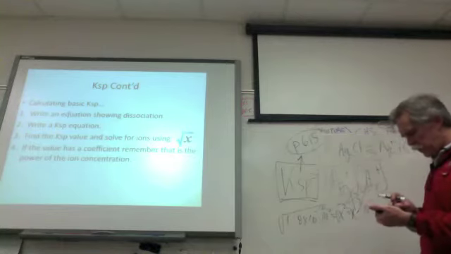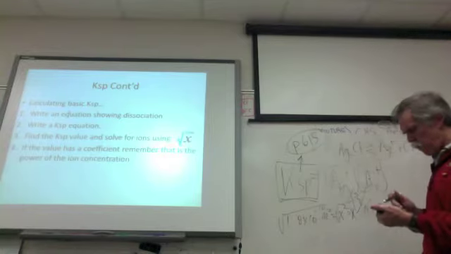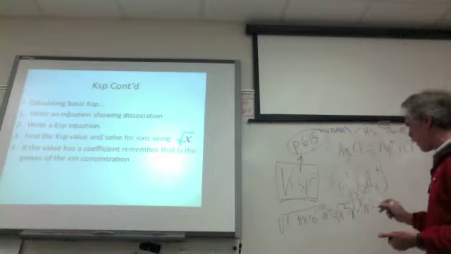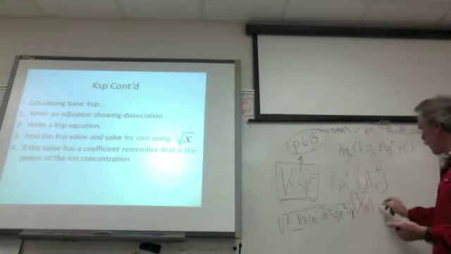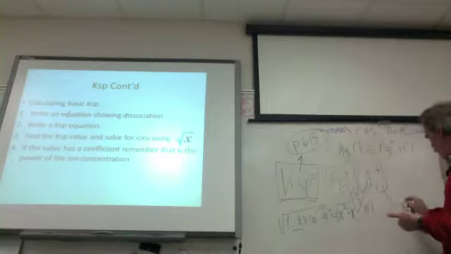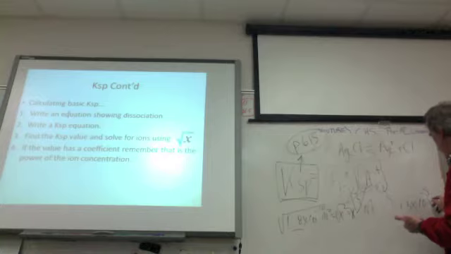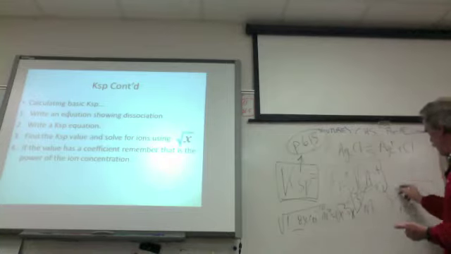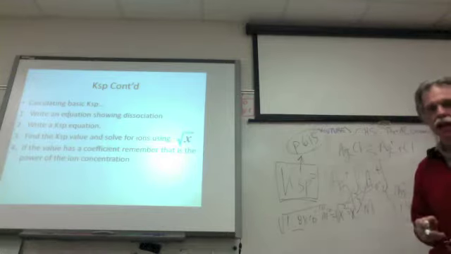Hit equal, make sure you got that registered, and then take the square root, and it's 1.3416 times 10 to the negative 5th. We've got 2 significant digits, so the silver ion concentration would be 1.3 times 10 to the negative 5th molarity. That's the concentration for silver.